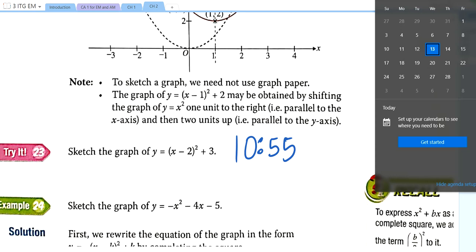You've got 2 more minutes. Do you have your graph? Is your graph symmetrical? Does your parabola really look like a parabola? Do you have hairy parabolas?